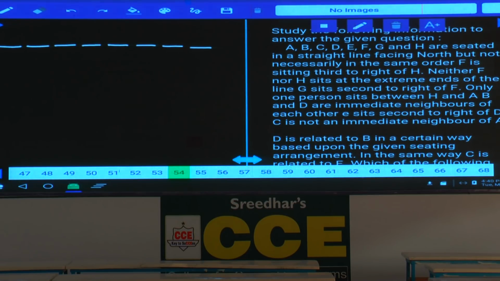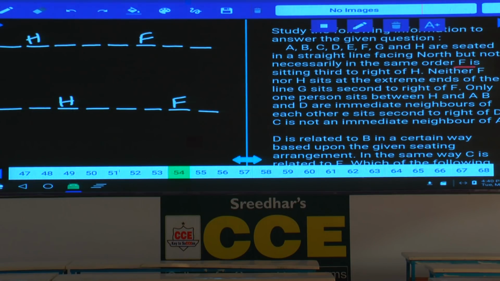Why has this information been provided? Because in order to decrease the number of possibilities. Now F is third to the right of H. If you take H at this place, 1, 2, 3, F will be here. That is one possibility. Then what is the second possibility? 1, 2, 3, 4, 5, 6, 7, 8. Now if H is at the third place, 1, 2, 3, then F will be here.